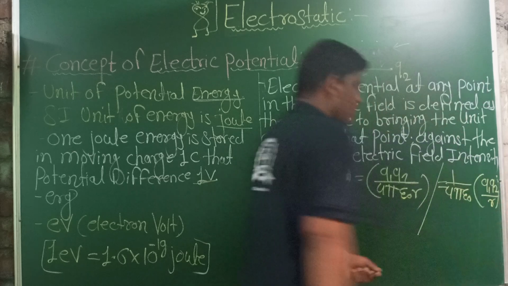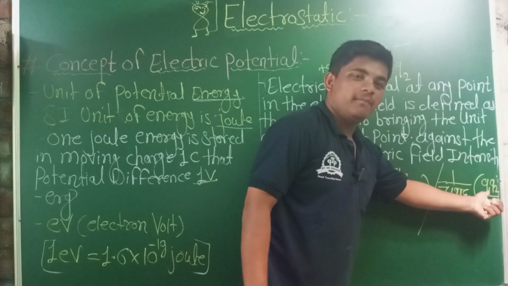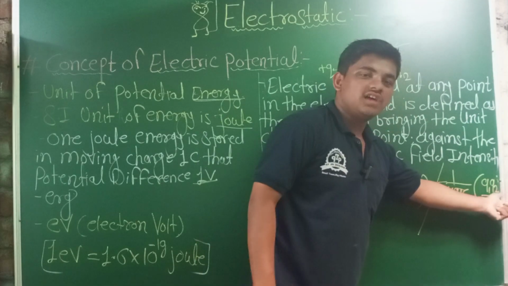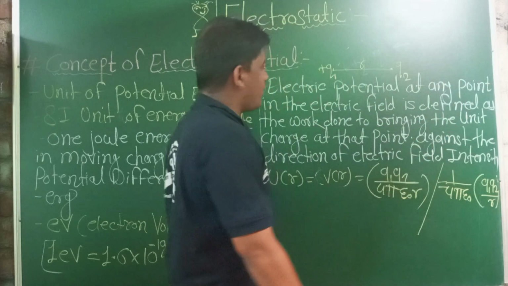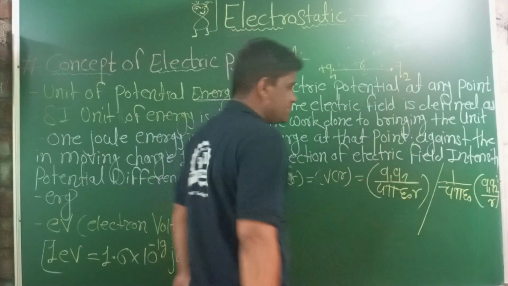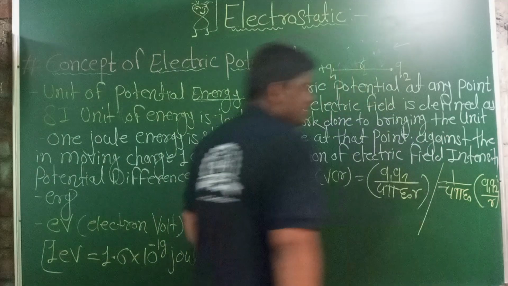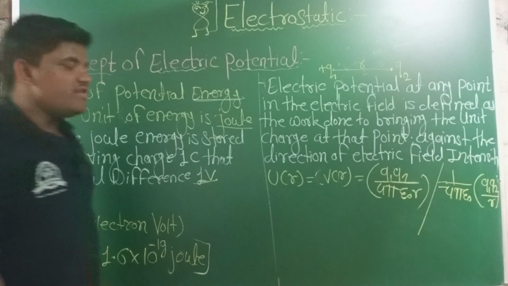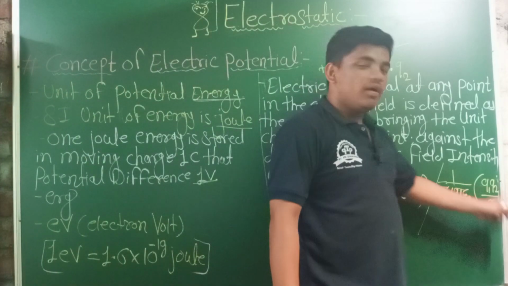Q1 is the charge at the first point, Q2 is the other charge placed at another point, and R is the separation distance between these two points which have the charges Q1 and Q2.